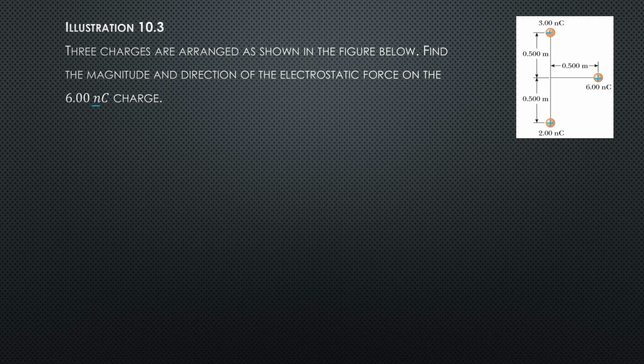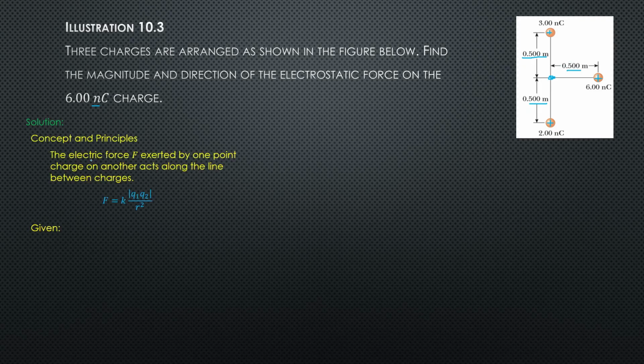The distance of 3 up to the midpoint is 0.5, then 2 nanocoulomb up to the midpoint is 0.5 again, and from this midpoint up to the 6 nanocoulomb charge is also 0.5 meters. All distances are in meters.